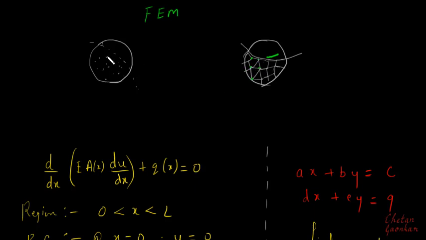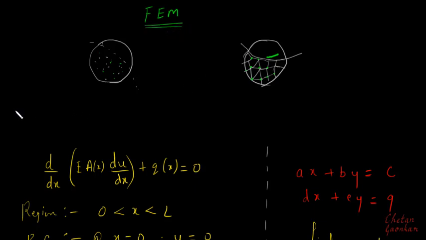So thereby changing these infinite points into finite points, and that is one way of describing what this finite element method does.